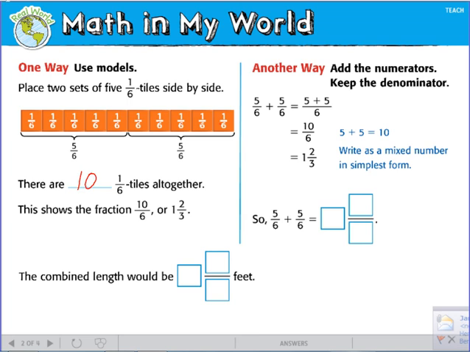Now, because there's 10 of them, there's 10 ones on top, right? Yes. Which means we have a 10 for our numerator. The denominator stays the same at 6. Okay? Now 6 can go into 10 one time.